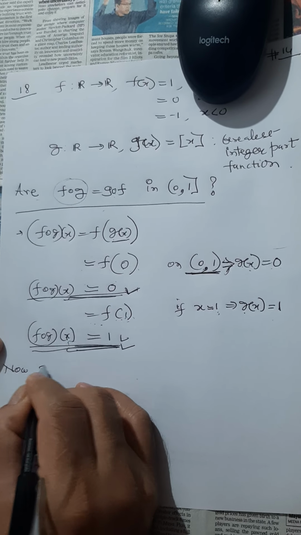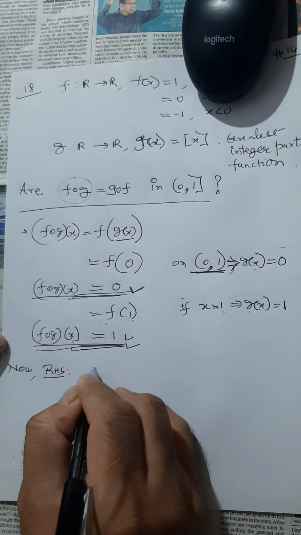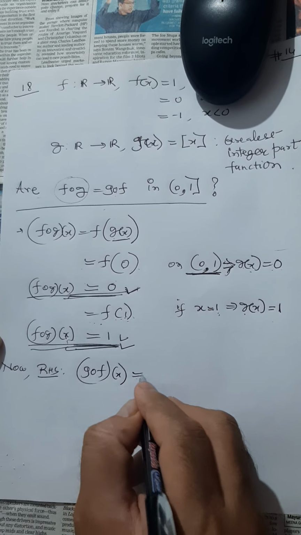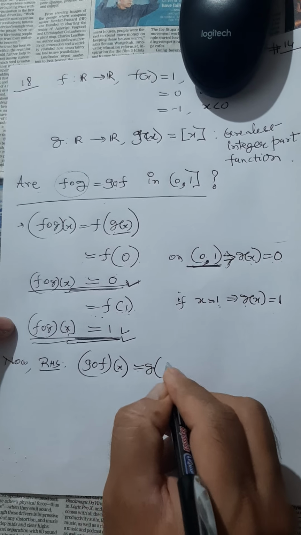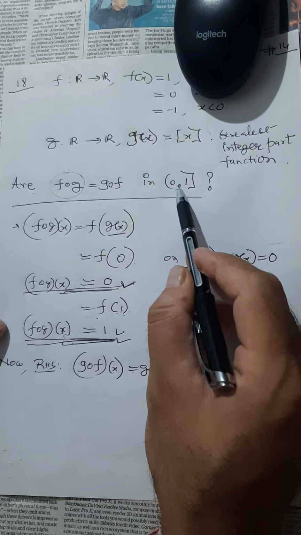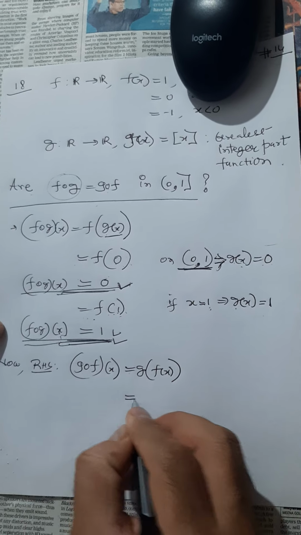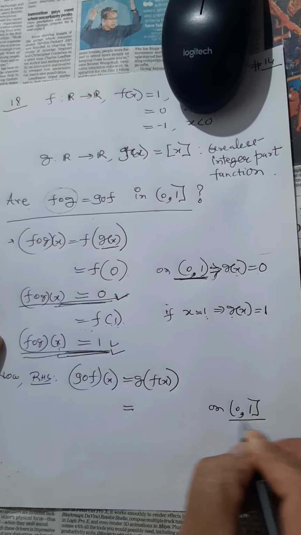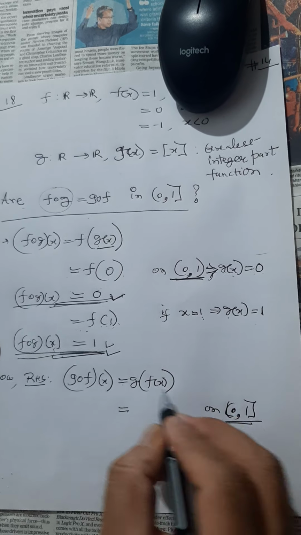If I go to right hand side, GOF at x, so it is g of fx. Now here you are talking about in this domain only. So on 0 to close 1, here x is always positive.